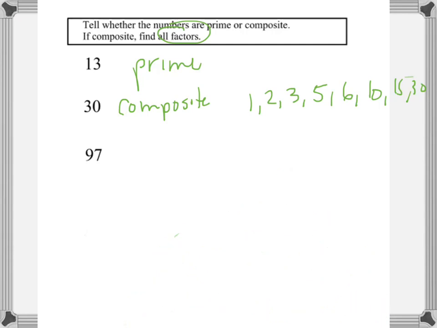Now remember, there are a few different rules for figuring out if this is divisible by any integer below 10. If it's going to have factors, it's going to have factors below 10, because 97 is just below 100, and the square root of 100 is 10.